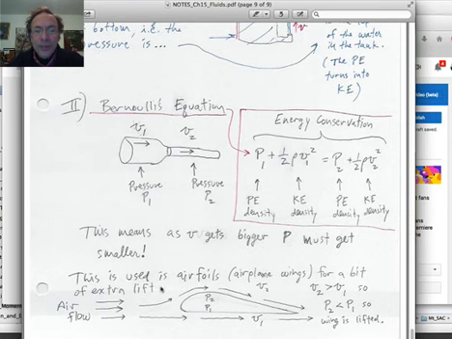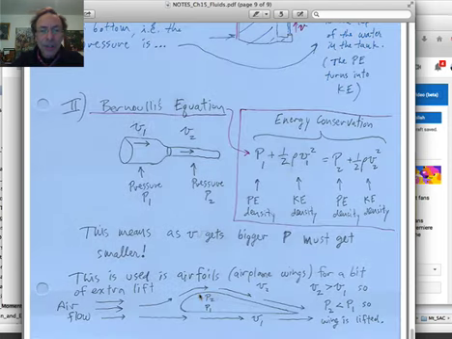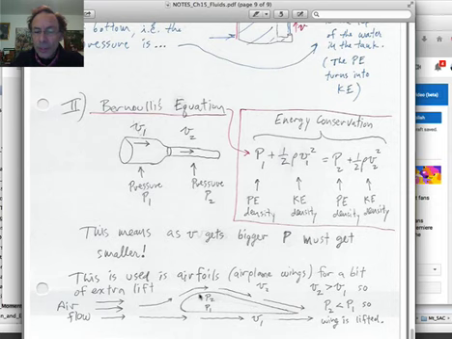So, okay, to finish this explanation, if the one that went above went at a higher speed, that means that the pressure, which here I called P2, is going to be less than the pressure at the bottom of the wing, which I called P1.